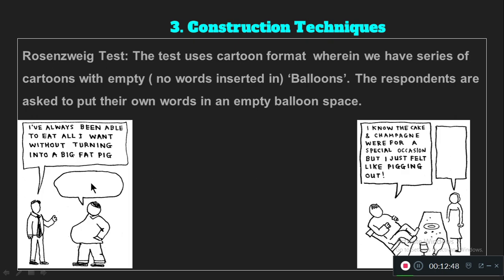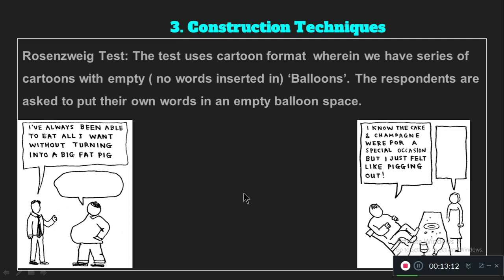Now the evaluator will read the comment given by the respondent, and according to that the psychological interpretation is made by the evaluator. So the opinion we get is by understanding the comment the respondent is giving.